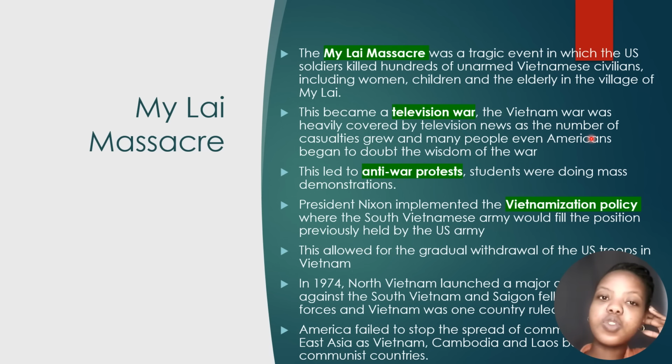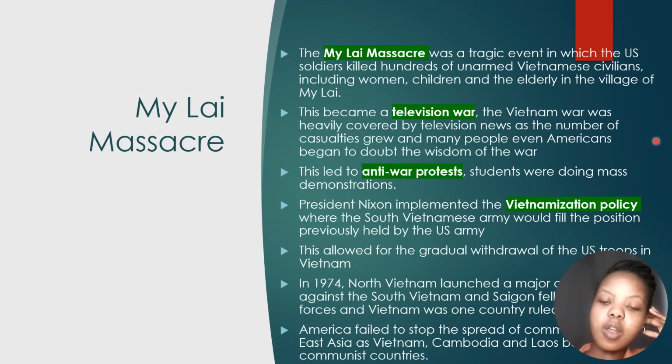Even women, even children, they were being killed. Hence, thus making people doubtful. And because people were now doubting the wisdom of this war, this led to anti-war protests, meaning that people conducted anti-war protests, demonstrating that they are against this Vietnam War. Students were doing mass demonstrations.